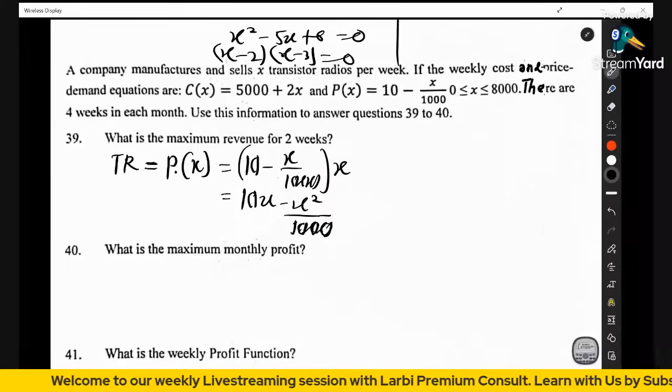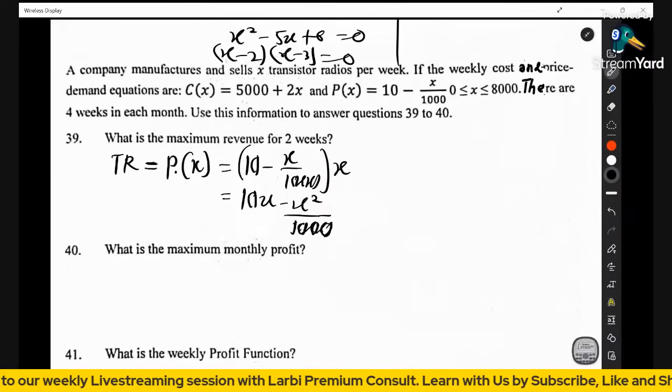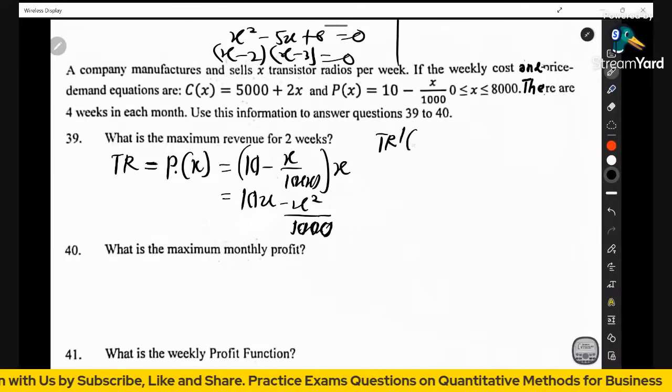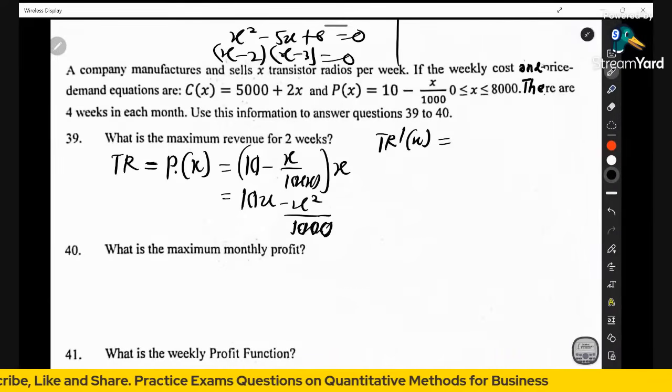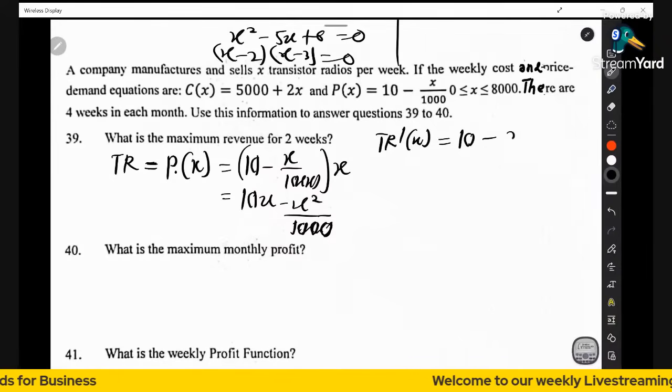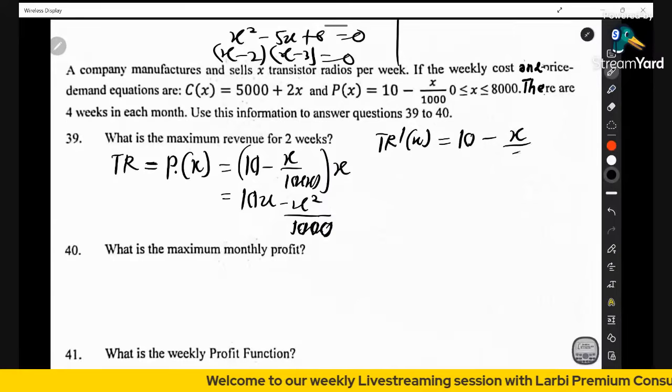But we are asked to find the maximum revenue for the 2 weeks. To find the maximum revenue, you need to differentiate the revenue function. So TR prime of x equals the derivative of 10x, which is 10, minus the derivative of x squared over 1000, which is x over 500.